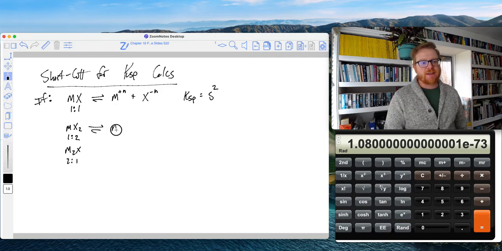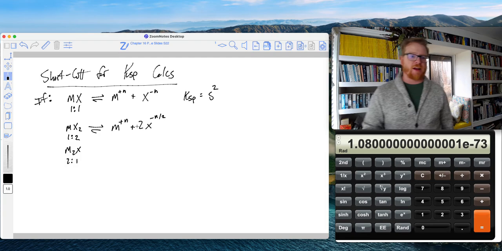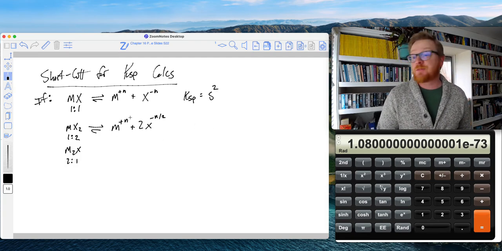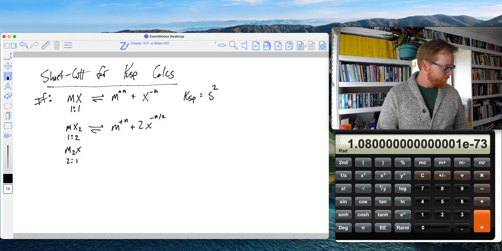So in this case, I would have an M plus n, and then in my generic formula, I would have a 2X, and this would go minus n divided by 2. Don't worry about this generic formula. I'm just trying to note that if we had, let's say, a calcium 2 plus and an iodine 1 minus, this would fit that formula.